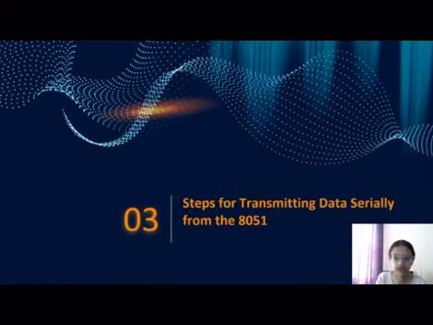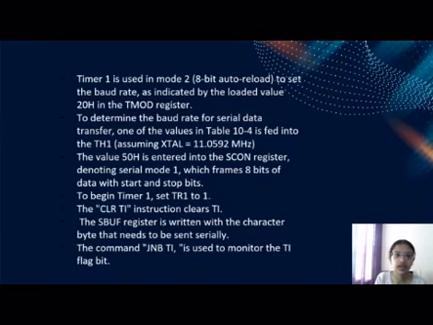Steps for transmitting data serially from the 8051. Timer 1 is configured in mode 2 by setting the TMOD register to 20H. The baud rate for serial data transfer is determined using values from the table in Figure 10-4, with an XTAL frequency of 11.0592 MHz.